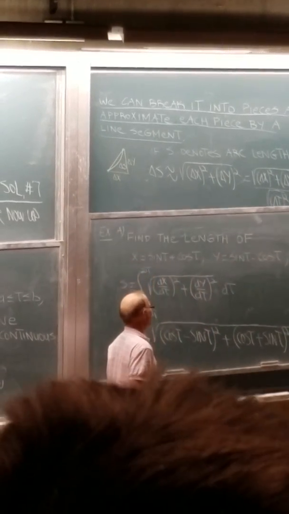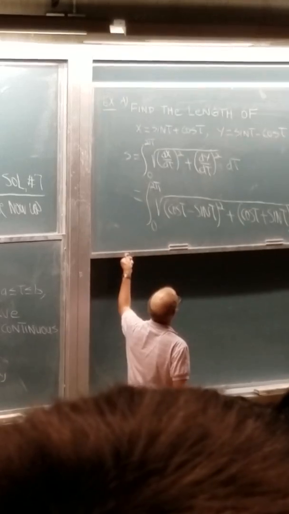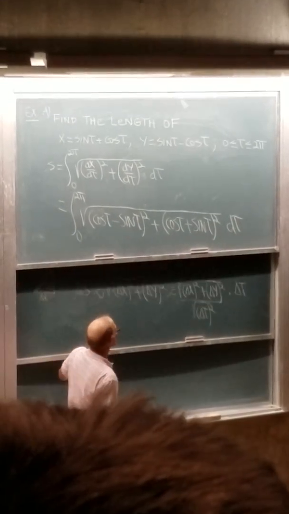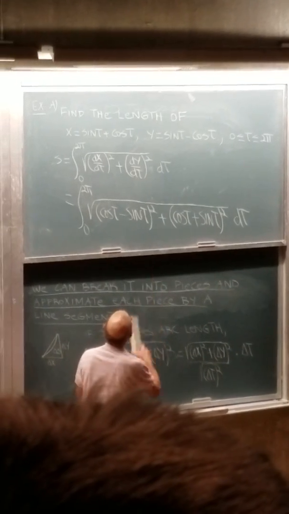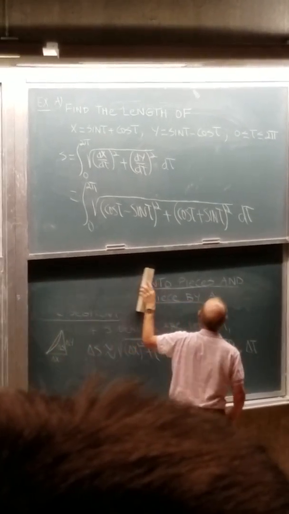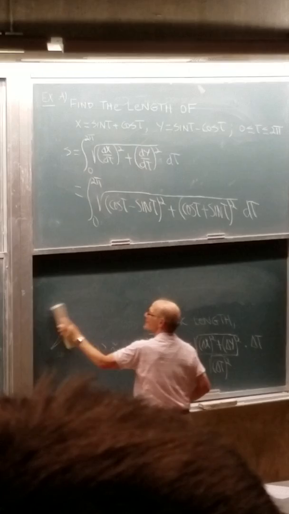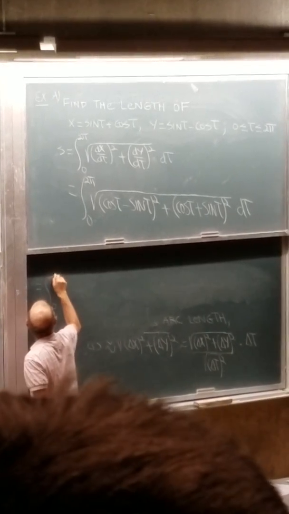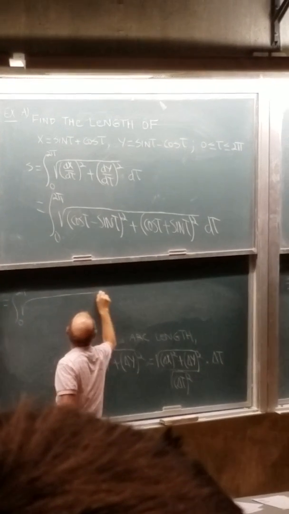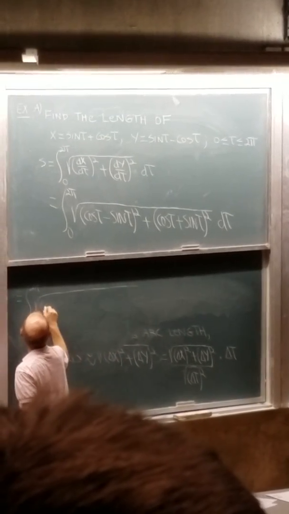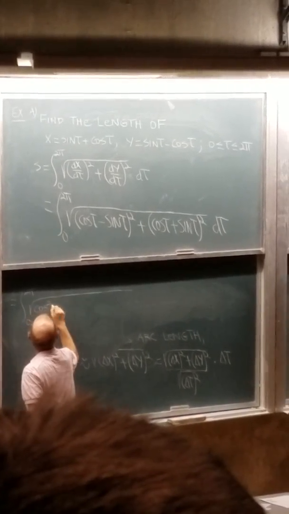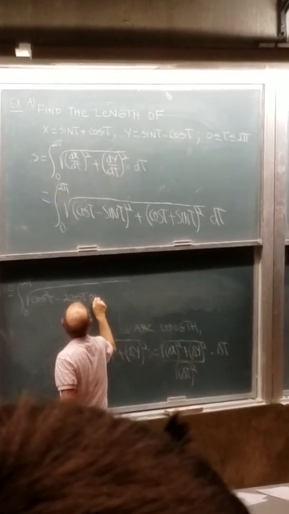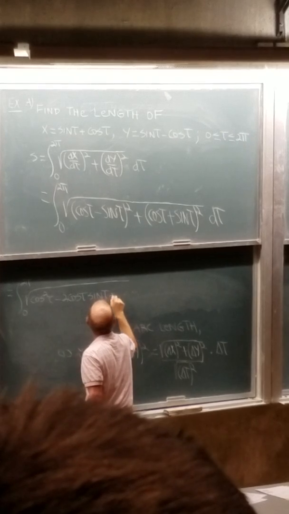So now we have to simplify what's underneath the square root. Does that look all right so far? Let's multiply out what we have. The arc length is the integral from 0 to 2 pi of the square root of cosine squared t minus 2 cosine t sine t plus sine squared t.